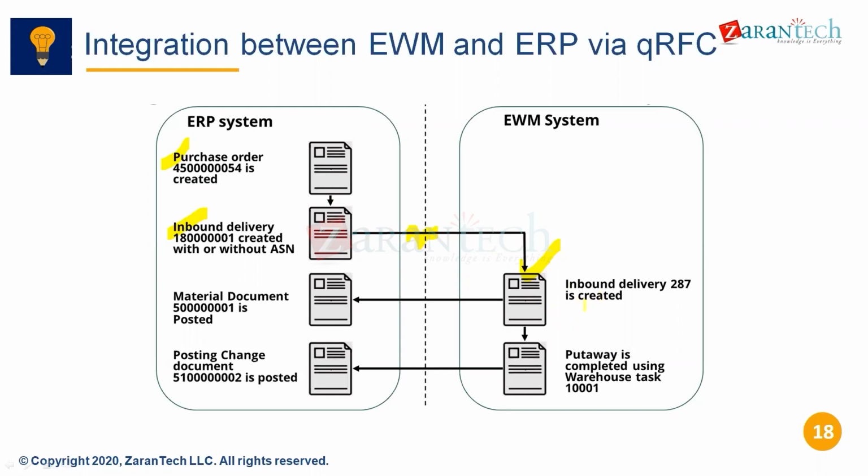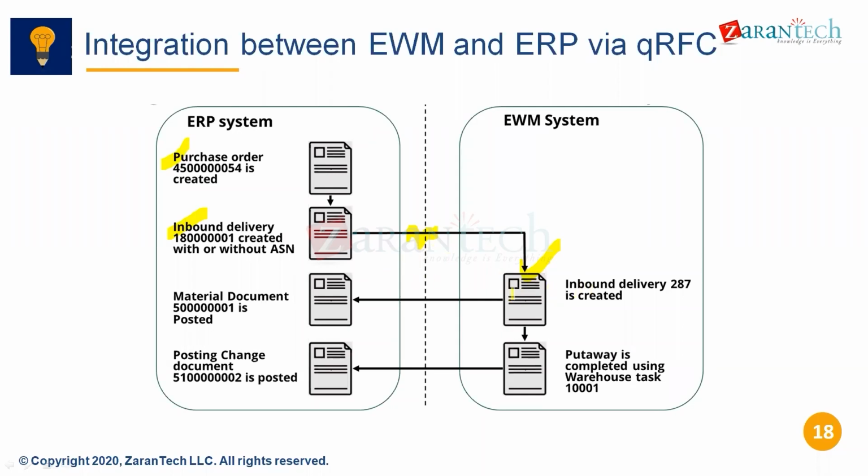Now this delivery is created. We also call this delivery a warehouse request. This delivery is then further processed. We'll do goods receipt and then put away. So the deliveries are always in sync. Any change on the ERP side delivery updates EWM. Any change on the EWM side updates ERP.